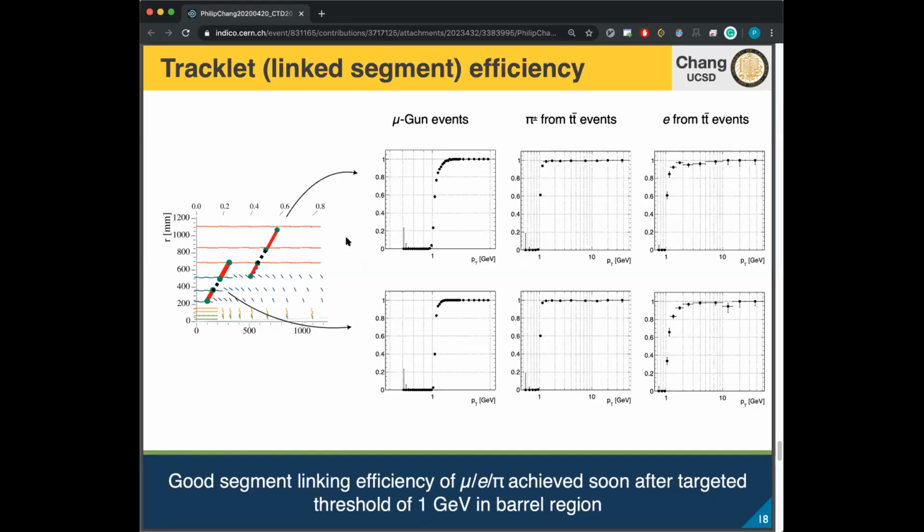Again, the efficiencies are the ones I've mentioned before, where we're targeting the tracks traversing the barrel region and leaving no missing hits. You can see that a very nice efficiency is achieved soon after the 1 GeV targeted threshold, as we designed it to be. The tracklet efficiency shows a good value.